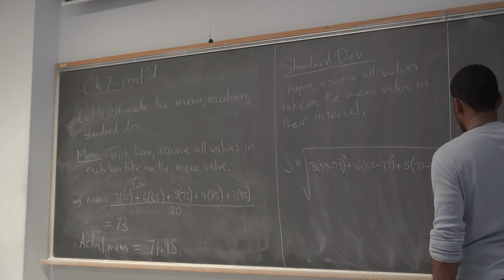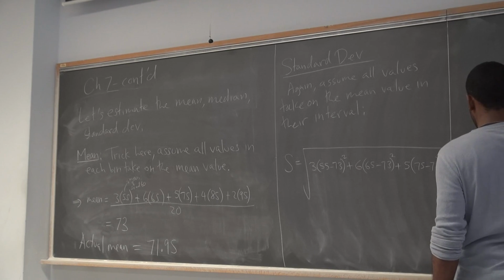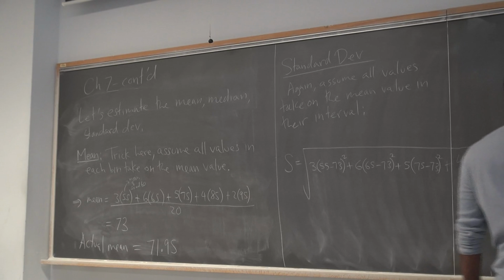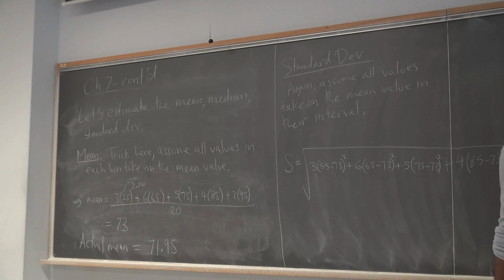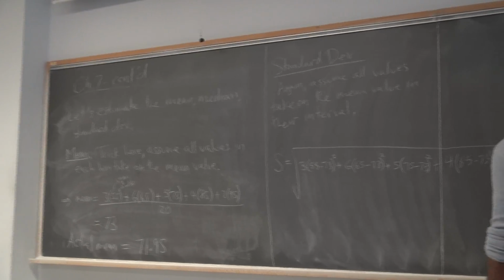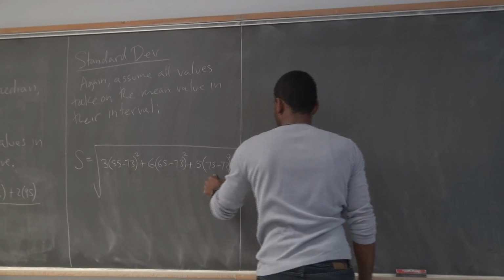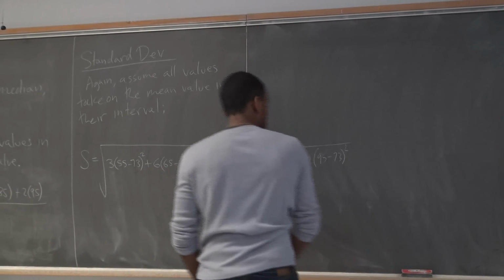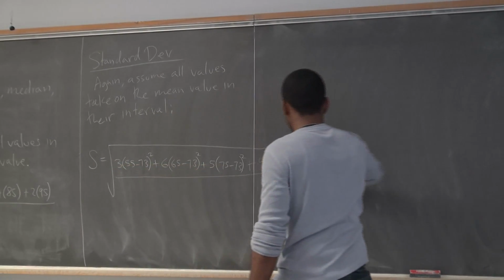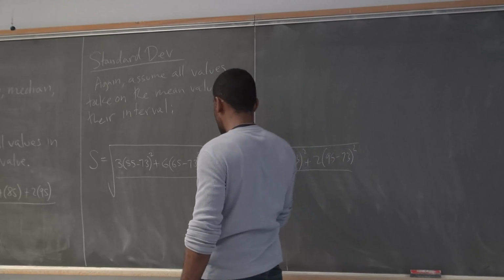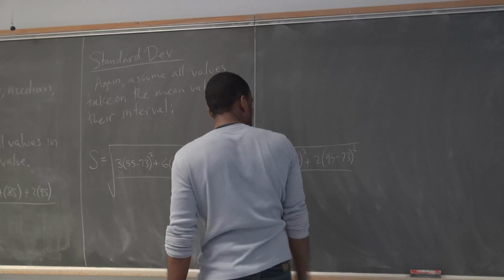There are 4 terms where I'm going to assume they're all 85s. There are 2 numbers where I'm going to assume they're all 95s. So instead of adding 20 numbers, I'm adding 1, 2, 3, 4, 5 numbers. And that's all over 20 minus 1.